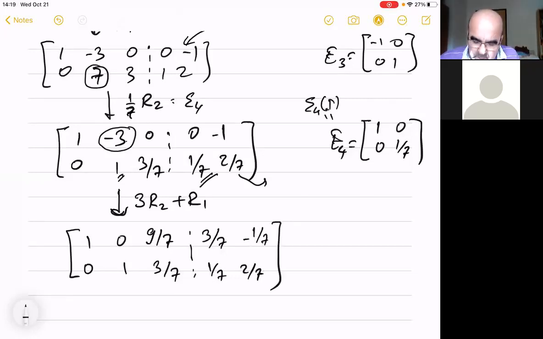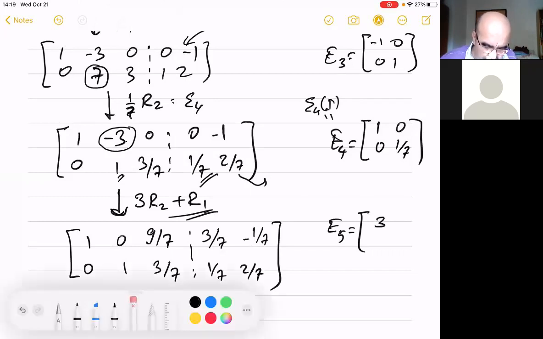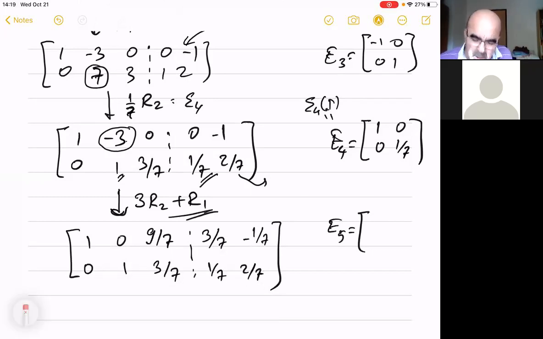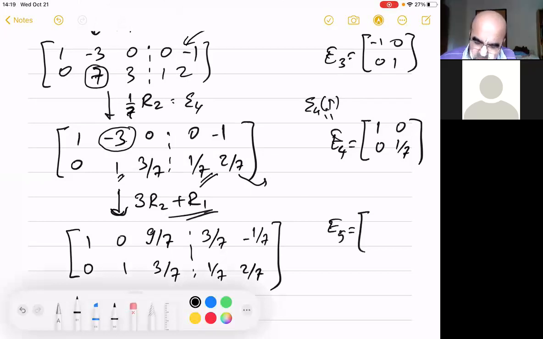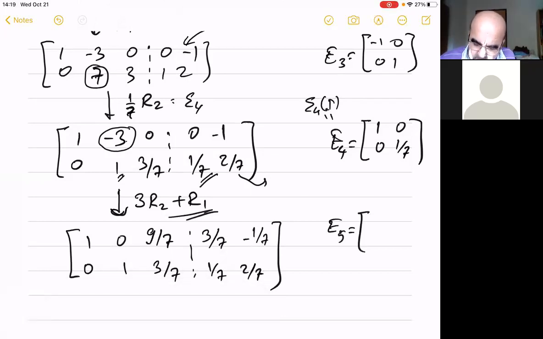So that E5 is, if you apply this operation to the identity matrix, it is 3, sorry, not 3. So you multiply row 2 by 3 and add it to the first row, you have this one.